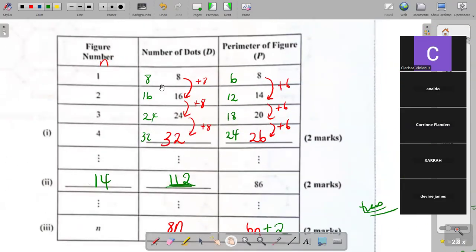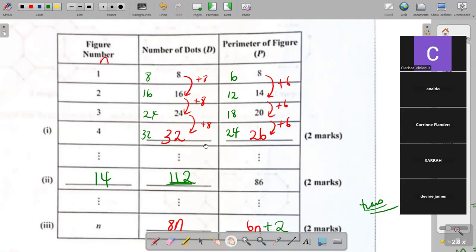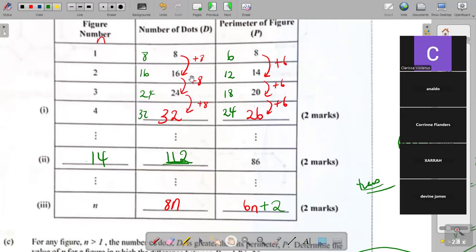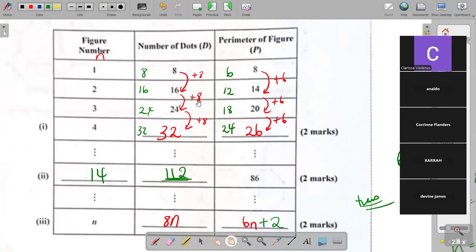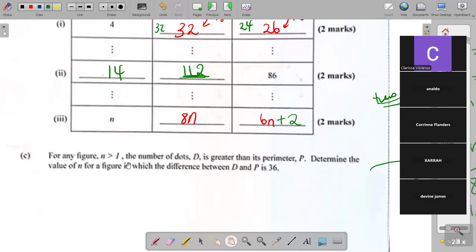What you notice about figure 1 compared to everybody else, you realize for figure 1, the number of dots and the number of the perimeter is the same. So you see why they say greater than 1? I want to make sure you understand why. Everybody else, 1 is bigger than the other. The dots is always bigger than the perimeter. But that is not true for the first one. So that's what this means.